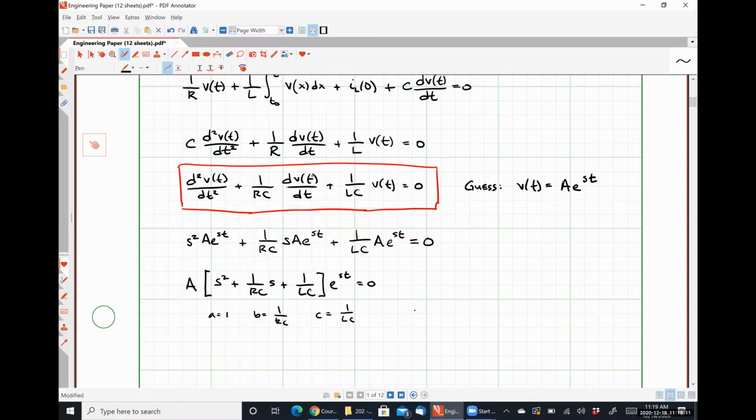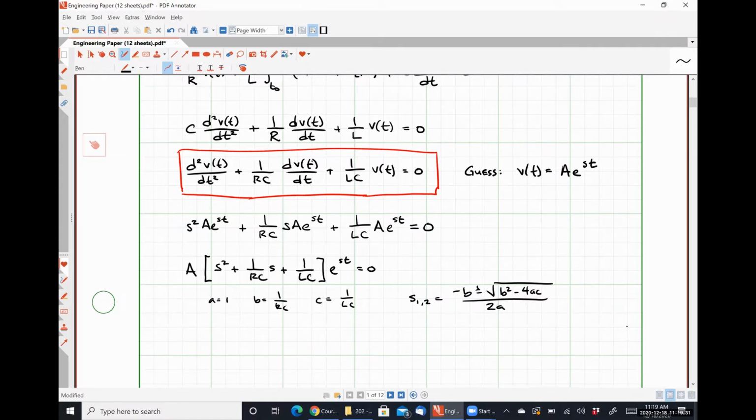So using the quadratic equation, s1 and 2 will be equal to negative b plus or minus the square root of b squared minus 4ac, all over 2a. That's good old 8th grade math.